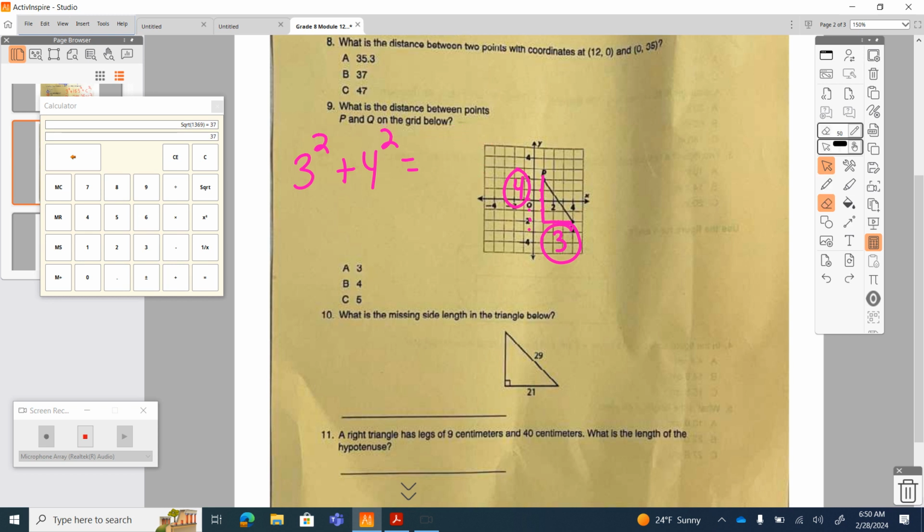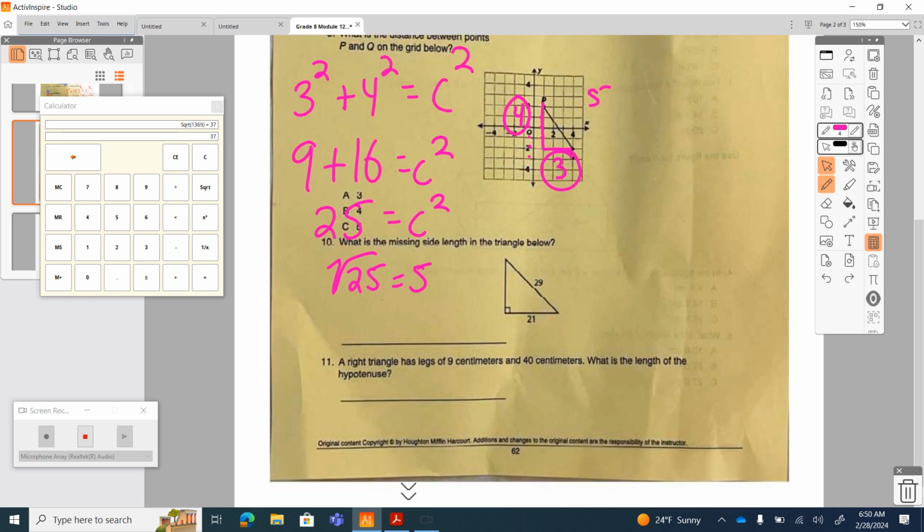Again, 6:50 in the morning. 3 squared is 9. 4 squared is 16. 9 plus 16 is 25. Square root of 25 is 5. Okay. So my answer was 5, and if I clear all my writing here, I can see that's one of my choices.